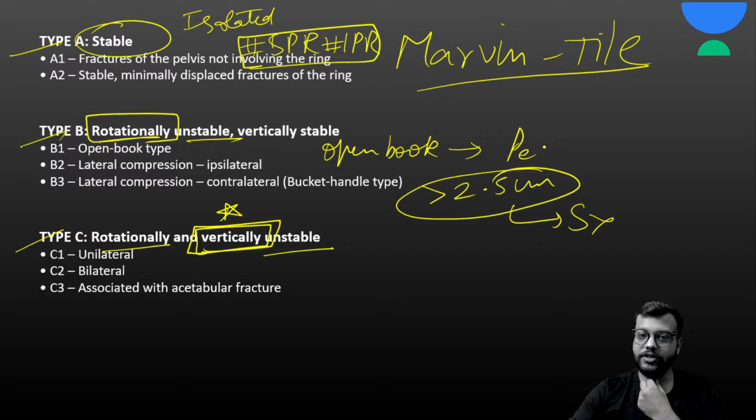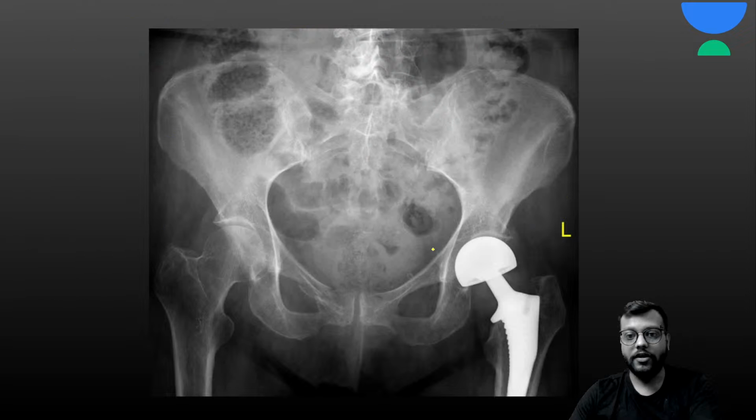Important, remember this. We'll see the X-ray. Type C are the worst prognosis fractures. Here you can see this is your isolated fracture of SPR. So this is your type A, in the Marvin-Tile classification.